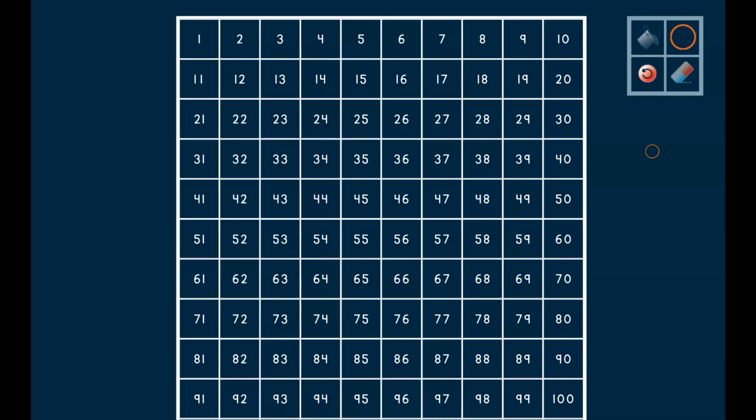Can you find 20? Right there. Can you find 50? There it is. Can you find 80? Right here. Can you find 10? There it is. And can you find 70? Right here. Great job, friends.